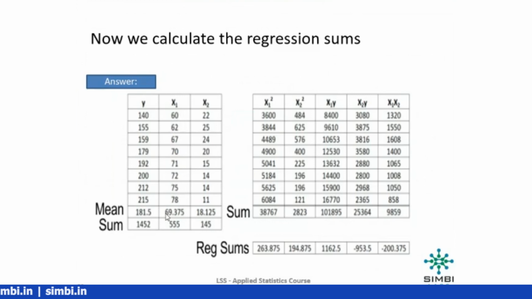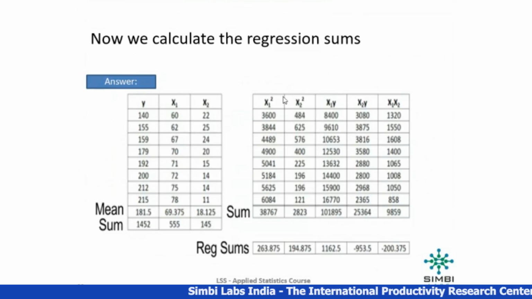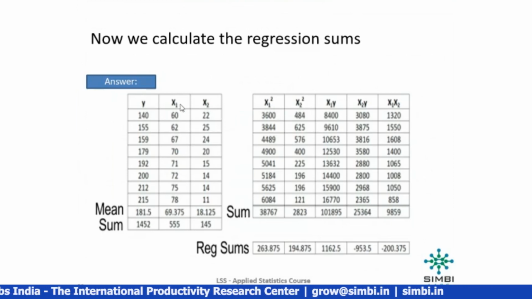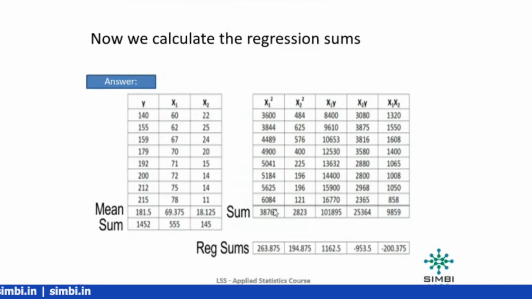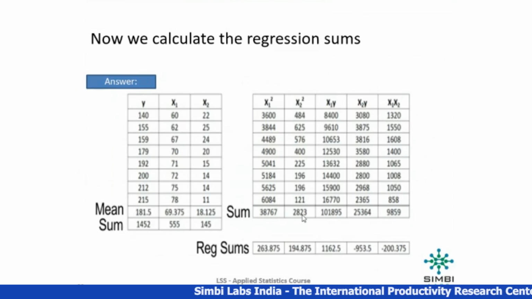And next for the x1 values also, calculate the sum value and mean value. Same for the other independent variable, sum value and mean value. And we need to square those values, x1 square and x2 square, and x1 into y, x2 into y, and x1 into x2. So like this we need to calculate all the data and get the sum of all the fields, and find the regression sums using all the calculations.